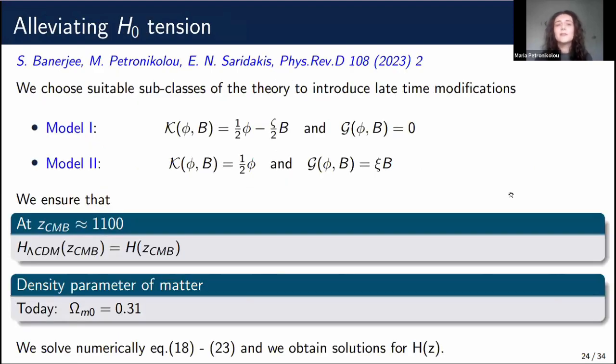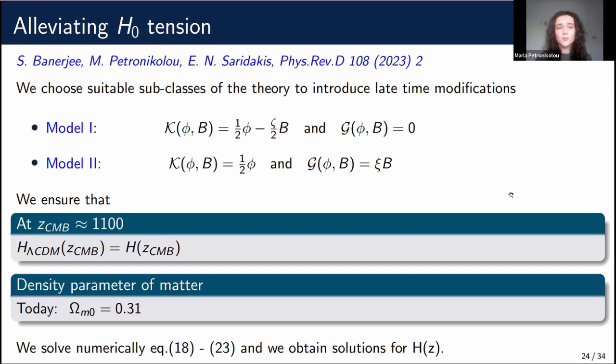Now we will focus on the alleviation of the H-knot tension, a work we did with Banerjee and Sarivakis. What we did again was to create suitable subclasses of this theory in order to introduce late time deviations. So we made specific choices for the functions k and g.